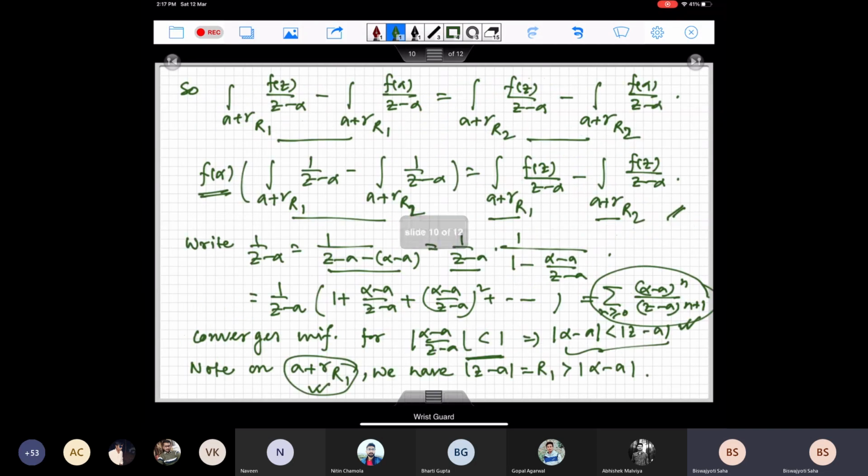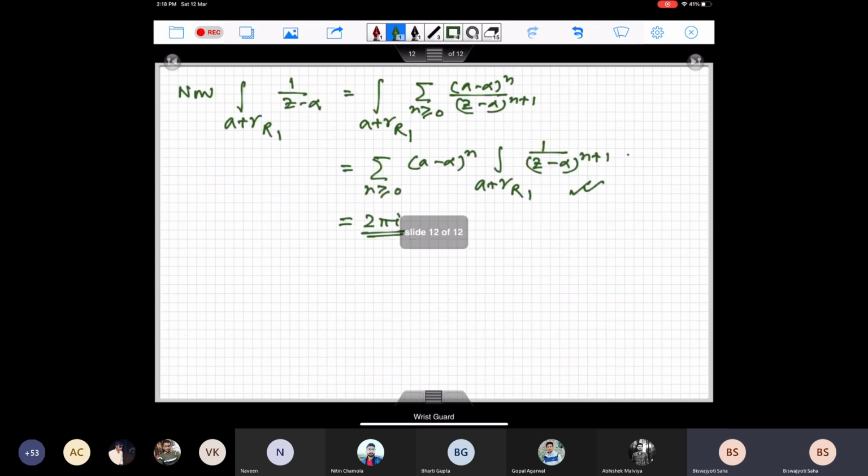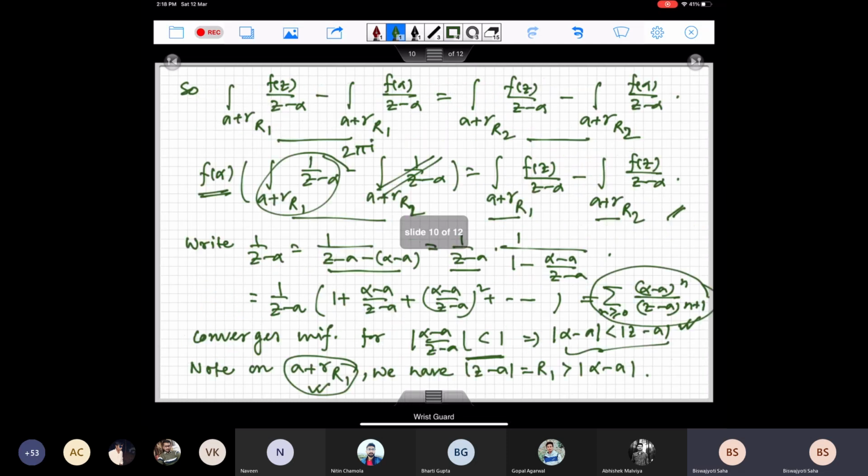So therefore, what do I get? This integral already was 0 and this integral came out to be 2 pi I. Hence we get f of alpha is equal to 1 over 2 pi I, exactly what I said, the integral of f of z divided by z minus alpha, minus the integral of f of z divided by z minus alpha. First integral is over a plus gamma r1, second integral is over a plus gamma r2.